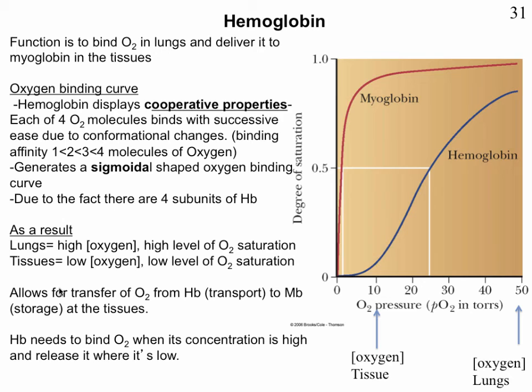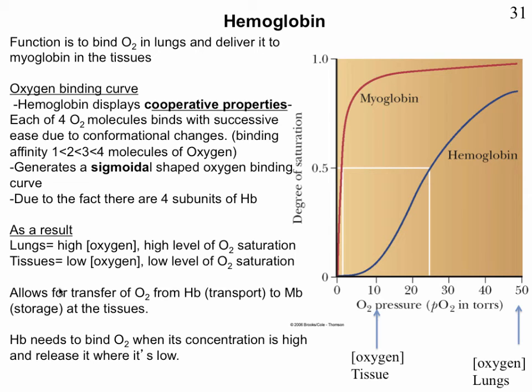So, as a result, in the lungs, there's a high level of oxygen, so there's a high level of oxygen saturation of hemoglobin. And then in the tissues, there are low levels of oxygen, so there's low oxygen saturation of hemoglobin. And so this is what really allows it to carry out its function.